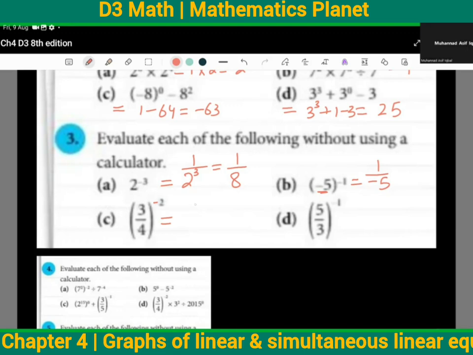Minus 2 over 3 by 4. It should be 4 by 3 and the power will become positive. Then you will write 16 by 9. Yes, Daniel. 3 over 5.